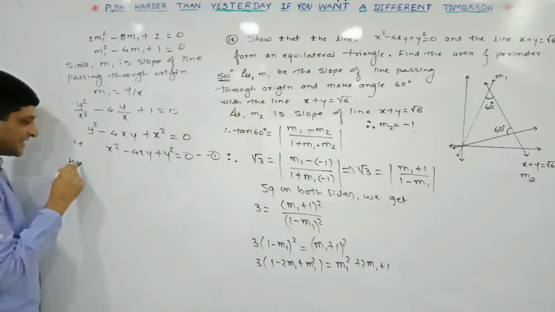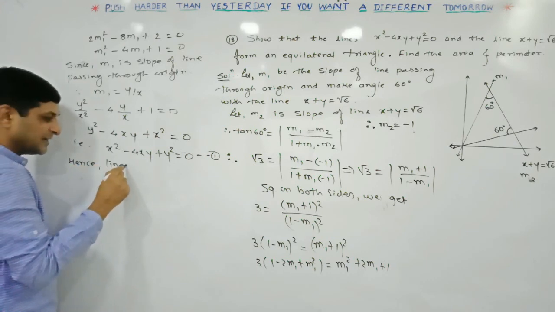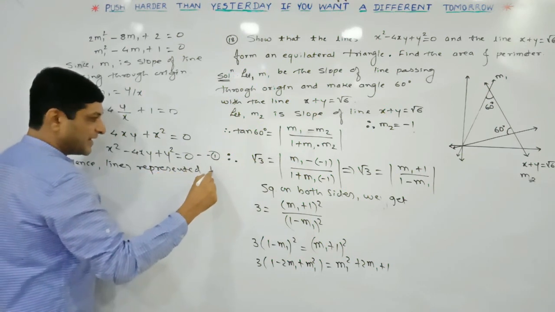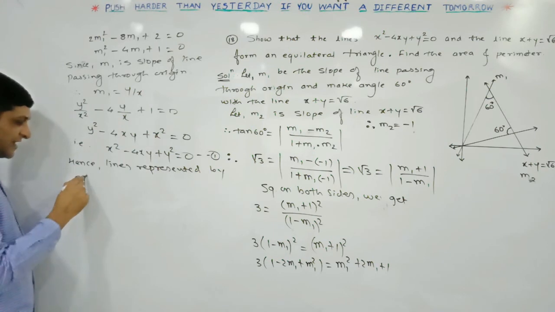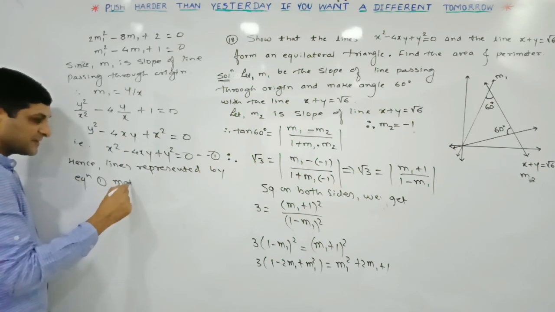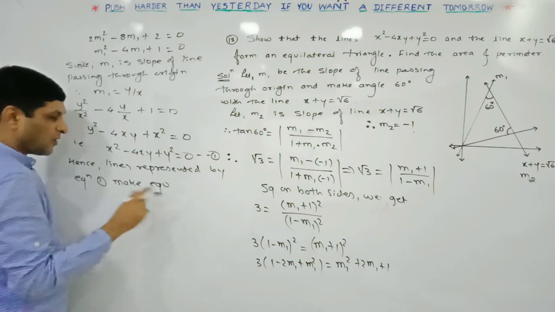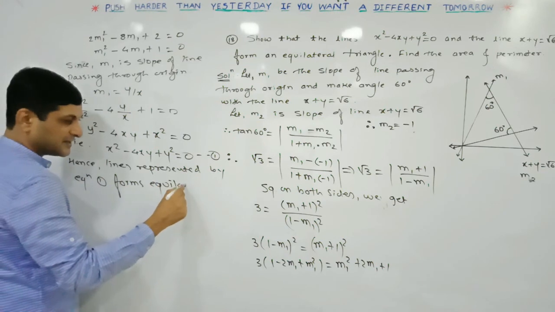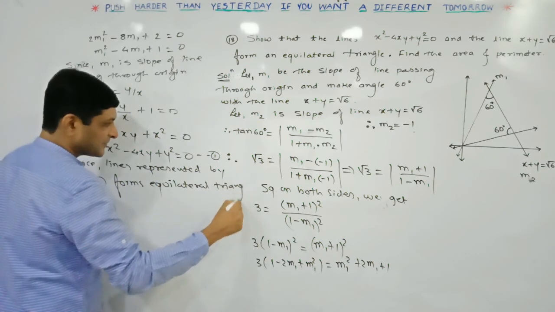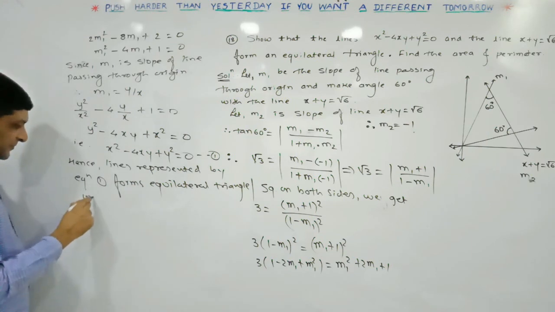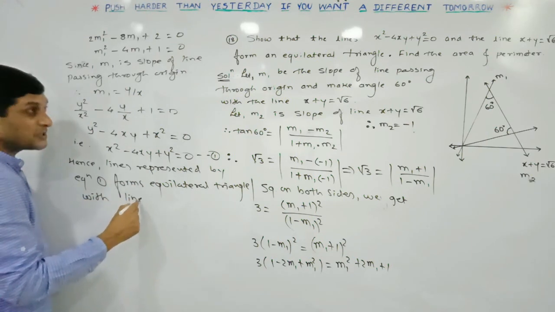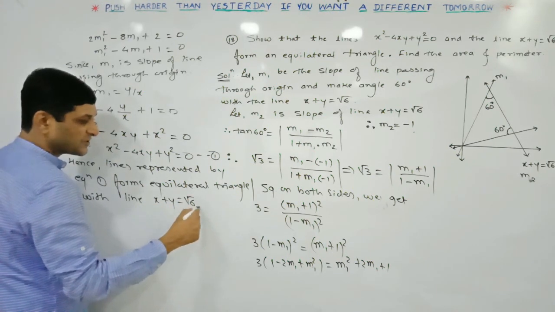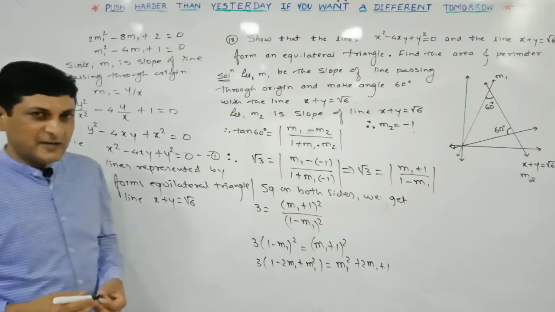So hence we can say that lines represented by equation first form an equilateral triangle with the line x plus y is equal to root 6. In this way we have completed the first part of this example.